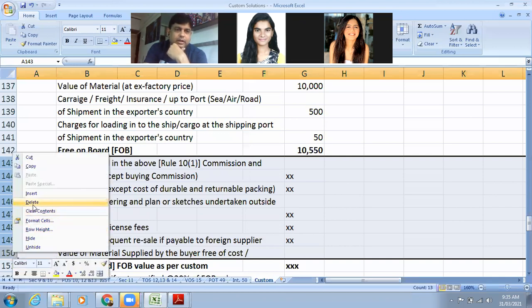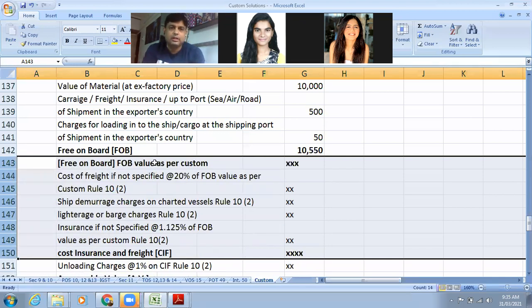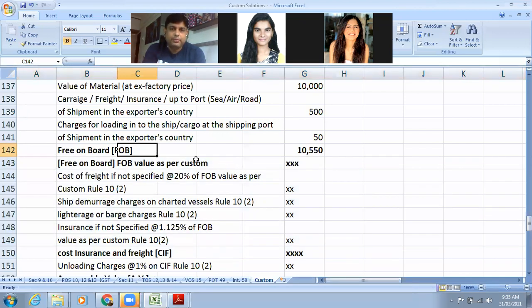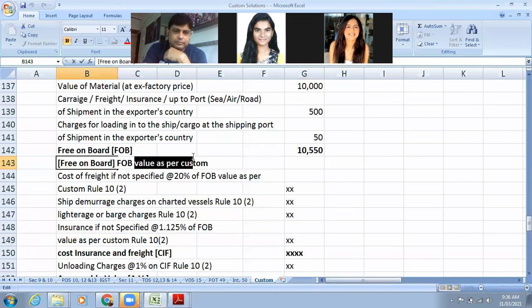There is not a single such item in this question. So FOB on board and FOB as per customs will remain the same. Same value will come. Why? Because there is nothing under Rule 10(1). Otherwise, it would have changed a little bit. But in this question, it is not possible.